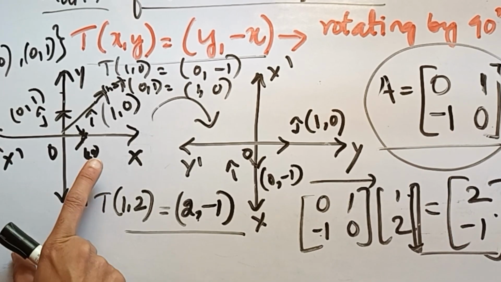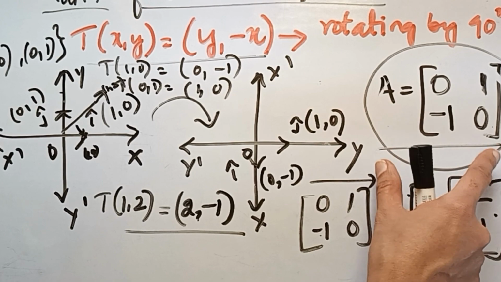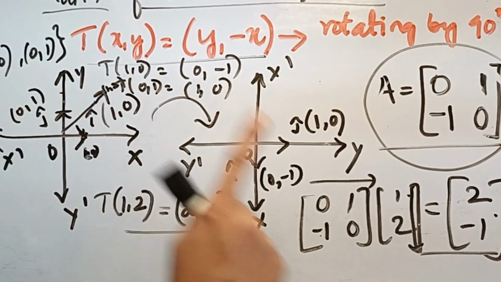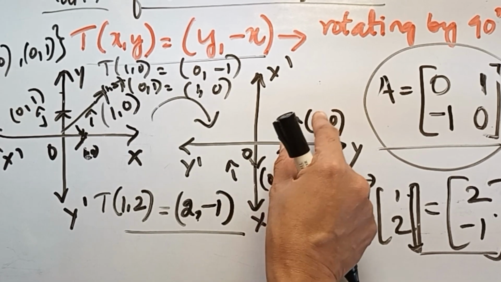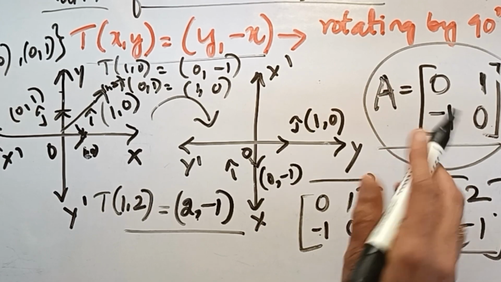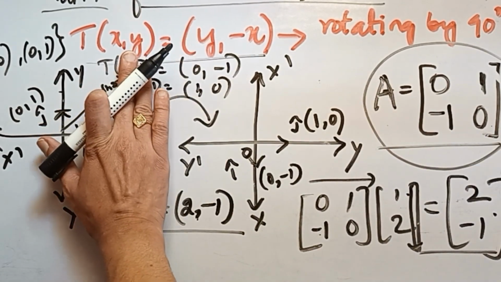Whenever we are using standard basis, matrix of linear transformation is nothing but where the standard basis vectors i cap and j cap land after applying the transformation. The new position of i cap and j cap must be written in terms of columns, and so this acts as a substitute for this linear transform.